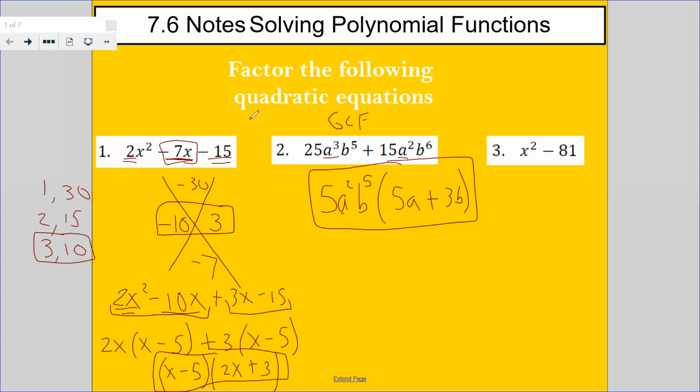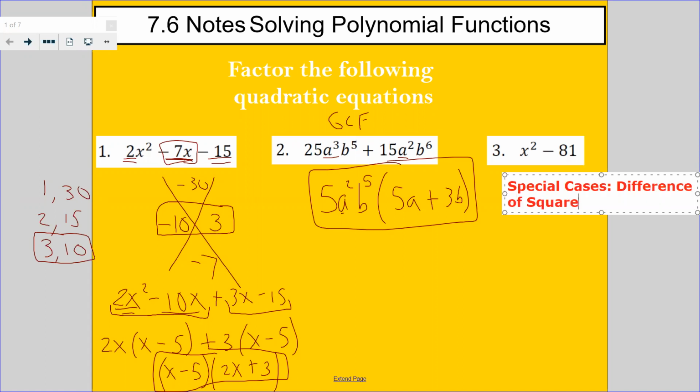Okay, and then number 3 here, we have another example, but it's one of those special cases. Okay, so I'm going to actually type this up here. It says special cases. And this one is difference of squares.